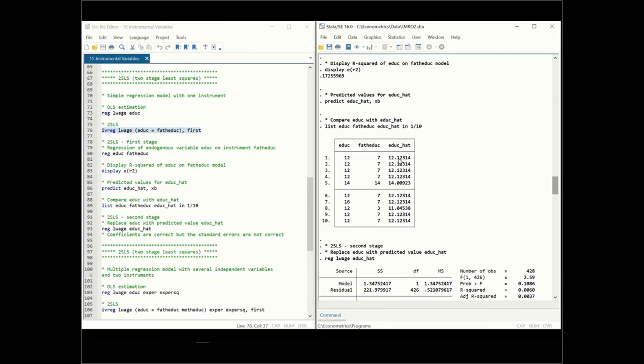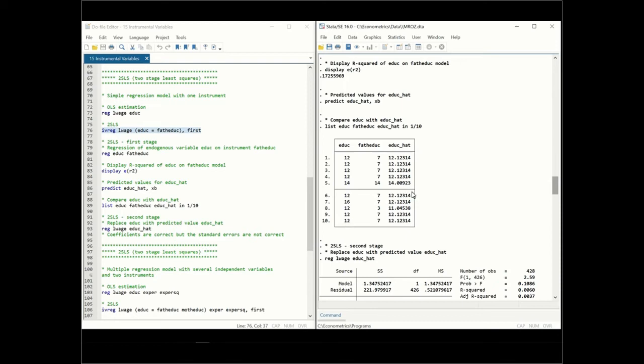And so you see how when father's education is 7, these numbers are the same. When it's 14, this is a different number. And when it's 3, it's a different number because it's only based on the father's education. Now, this education hat is a little bit different than the actual value.